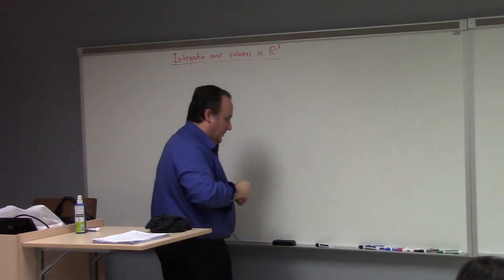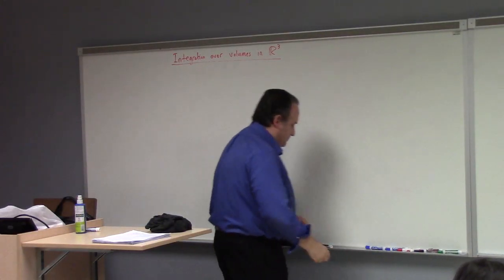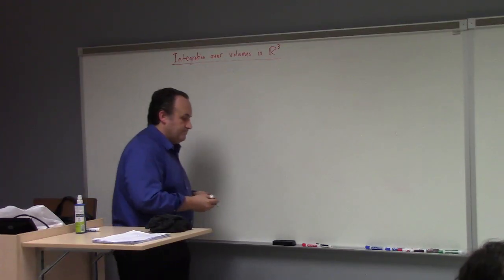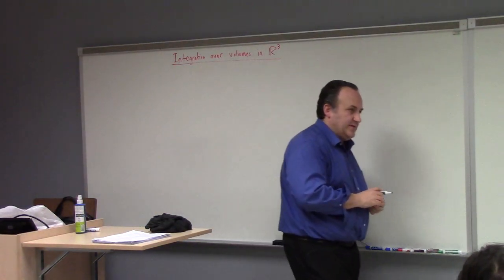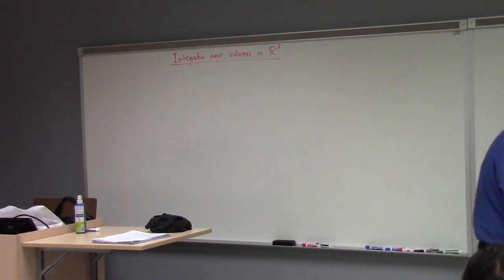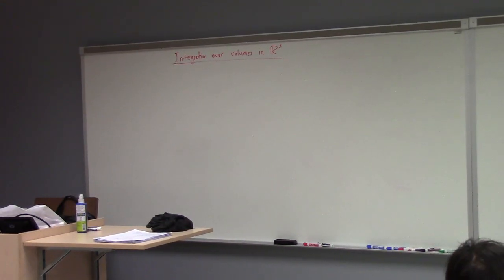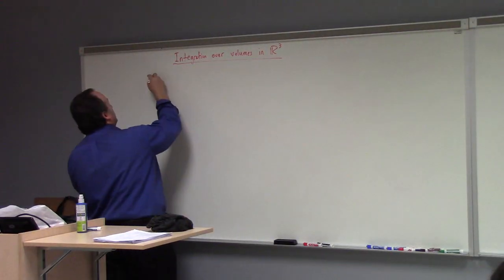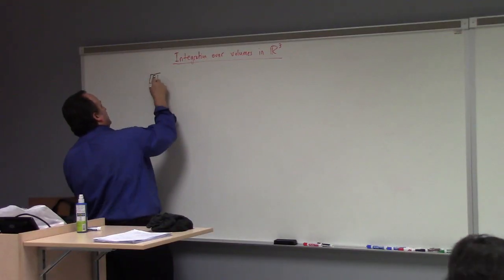And so the story basically is the same as what we've done up to this point. The big difference, of course, is now we have to talk about how you integrate over a volume where it's not so nice.